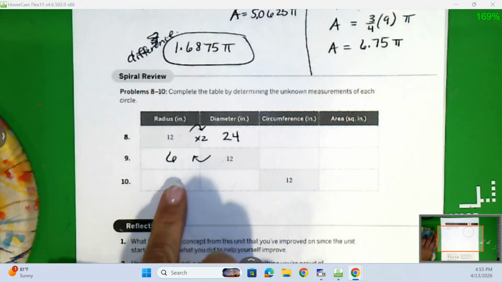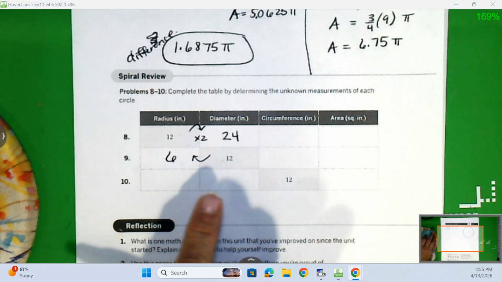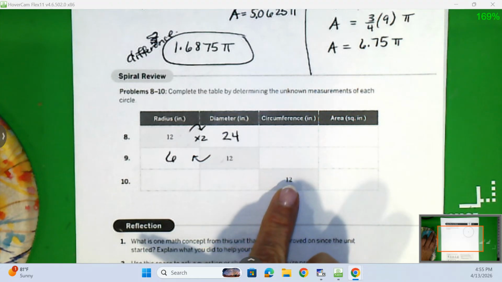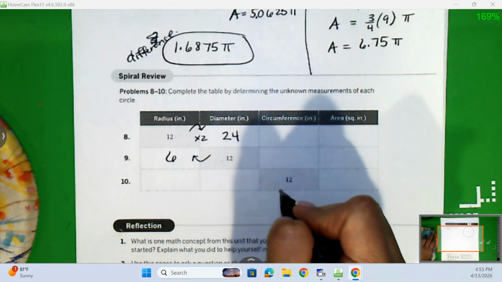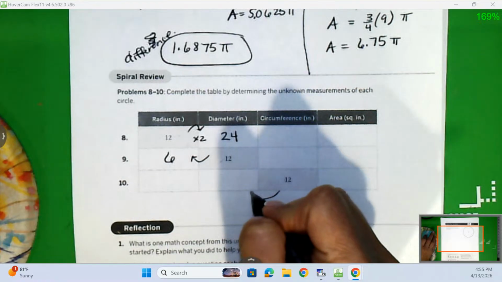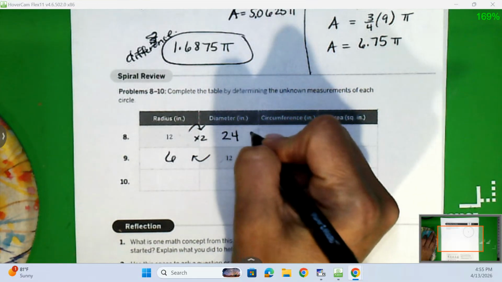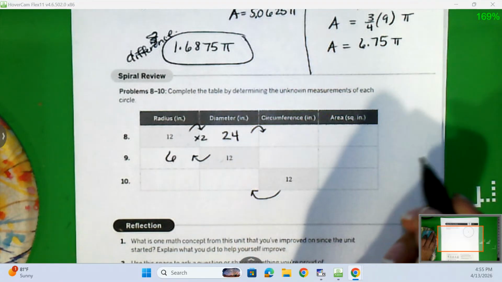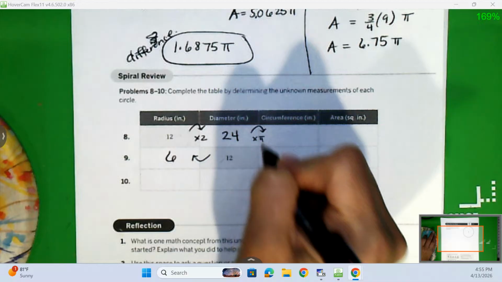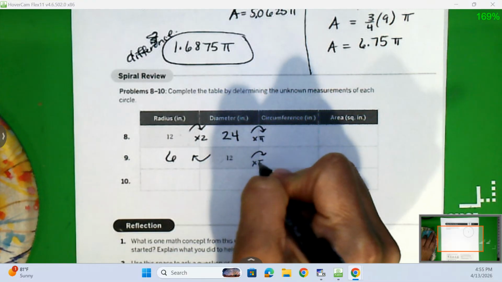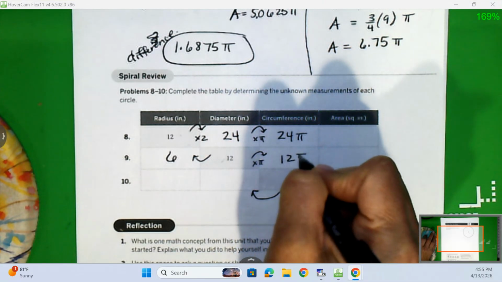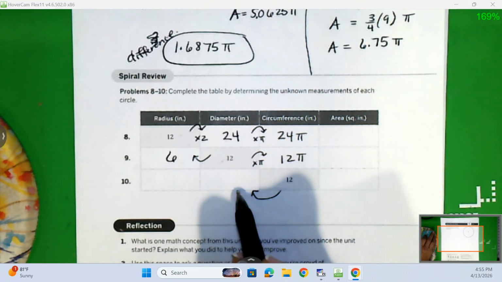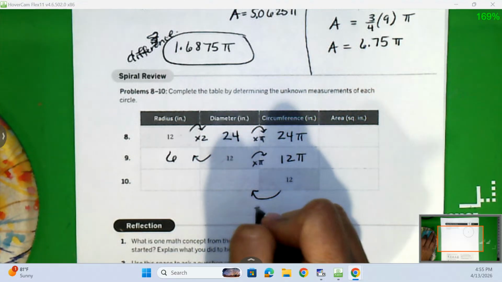And here we don't have the diameter or the radius yet, so we'll have to go all the way up to circumference. The circumference of a circle is pi d. So if I have this value, I am multiplying by pi. So this is 24 pi. This is 12 pi. But here I'm working backwards, so I'm going to be dividing by pi.